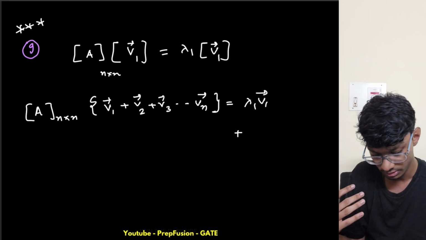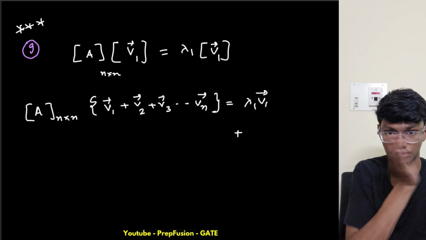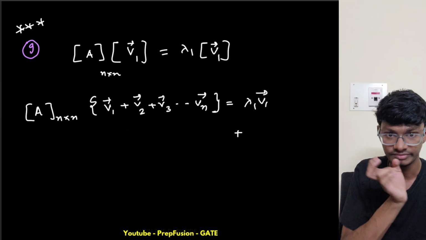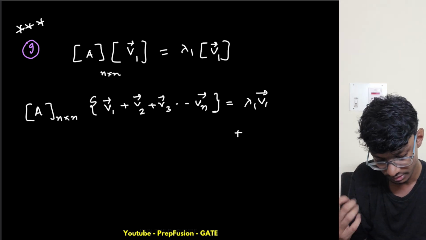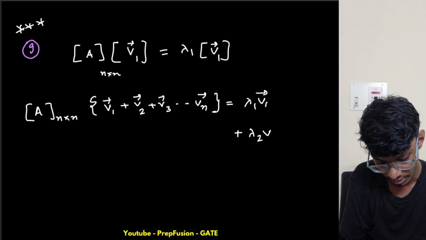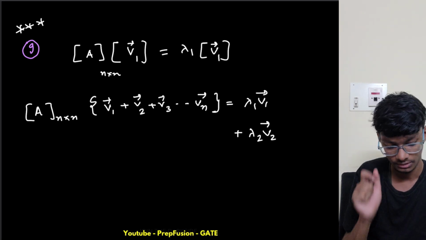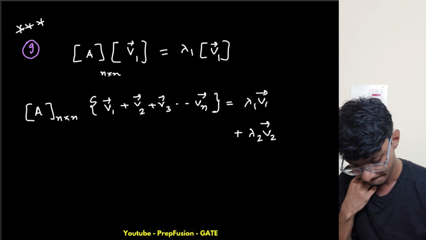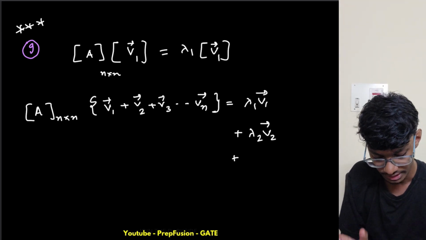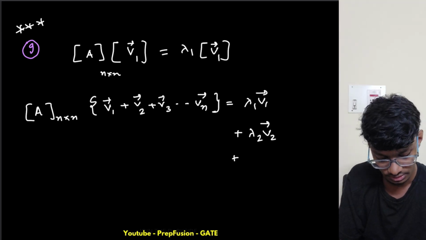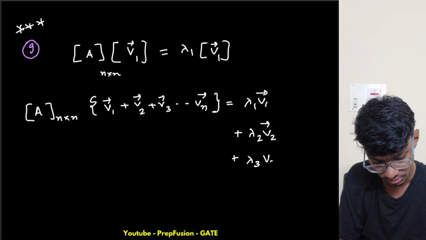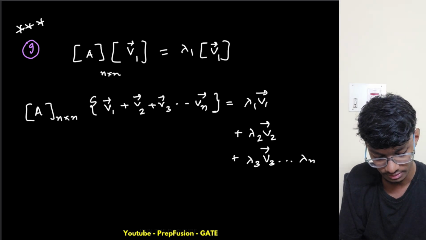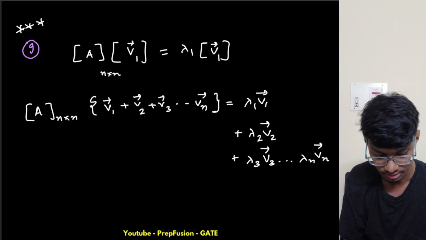Now again, by the law of associativity, A times v2 is lambda 2 times v2. This is the scaling factor for the second eigenvector. Now A times v3 gives lambda 3 times v3, and this keeps going on until the last eigenvalue, lambda n times vn.